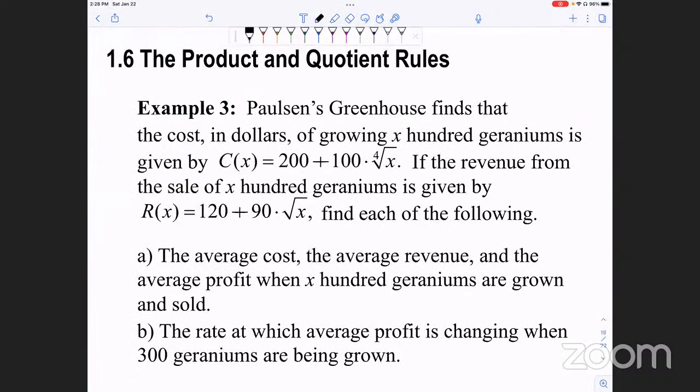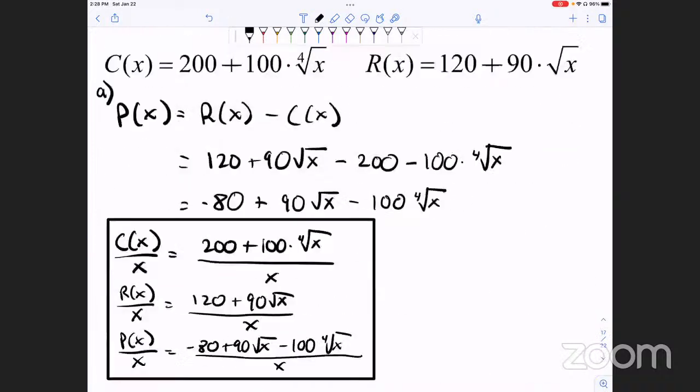the rate of change, the rate at which the average profit is changing with 300 geraniums. Taking the derivative of our average profit function when x is 300. The profit function with that.